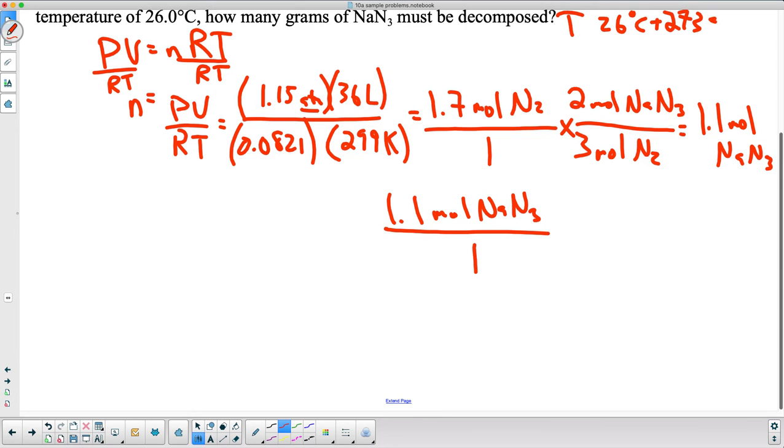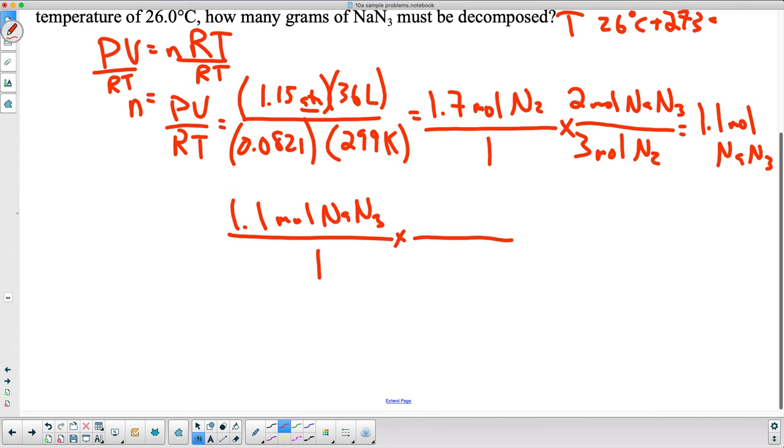So I do 1.1 moles of NaN3, and now my last step will be to convert to grams. 23 is the molar mass of sodium. Nitrogen is 14 times 3 is 42. So that gives me 65 grams per mole.